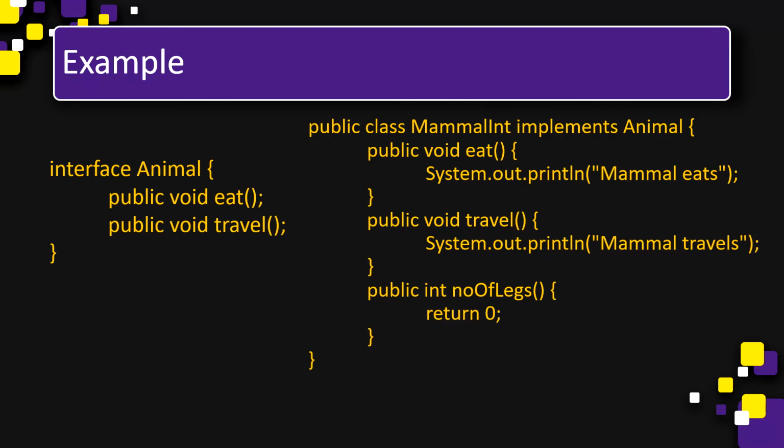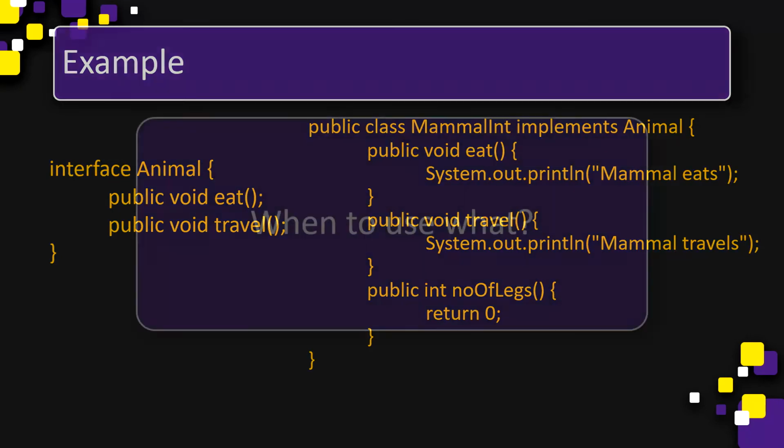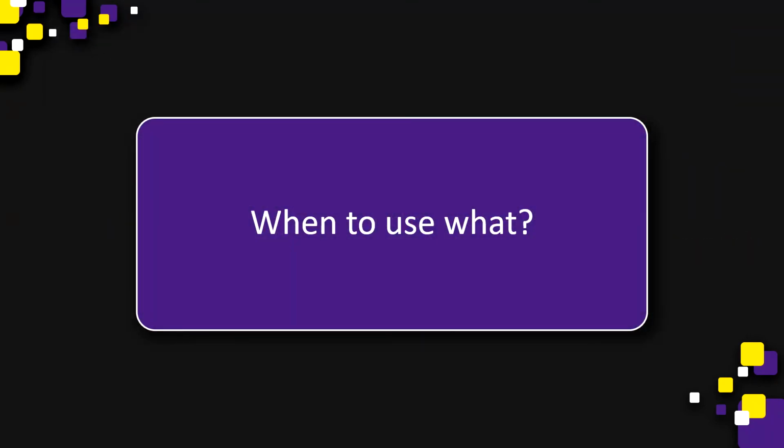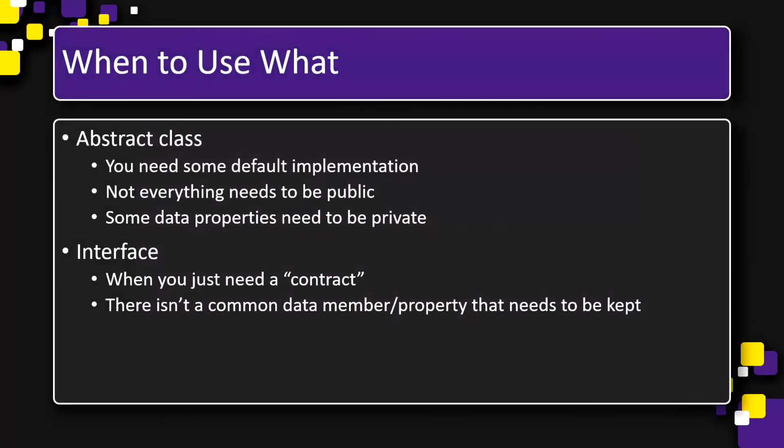So when do we choose to use what? When do we choose an abstract class, a direct parent relationship, or an interface over any of the other options? So for an abstract class, this is when you need some default implementation. You want to make sure that not everything is public, and some data properties need to be private, but also shared between all the different types of subclasses you're going to have out of it.